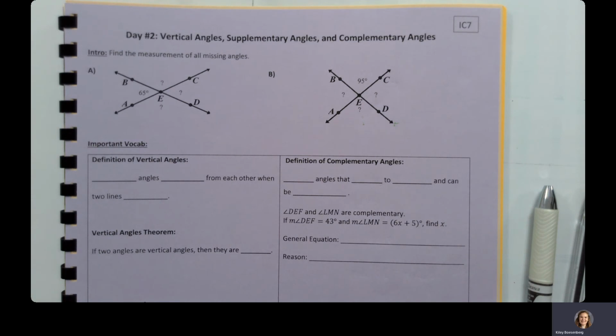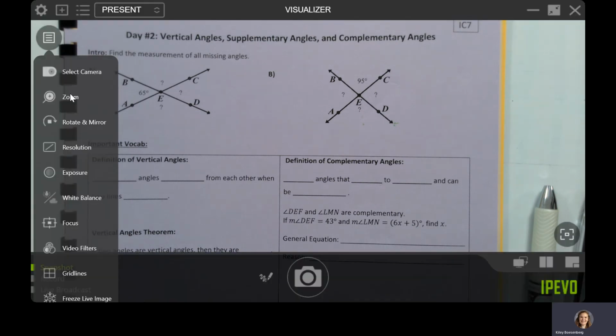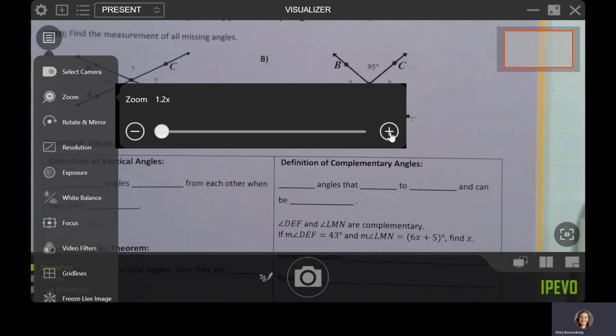So the first one, we're going to use these pictures up here at the top to figure out the first one. I'm glad you grabbed the calculator, because if this angle right here is 65, can we figure out what the angle right next to it is?